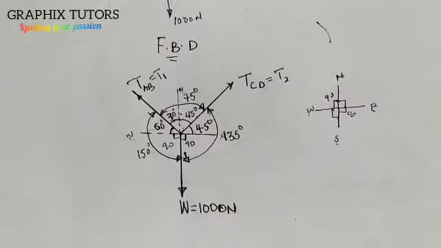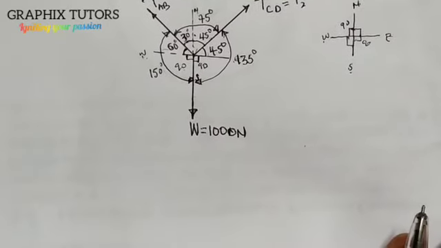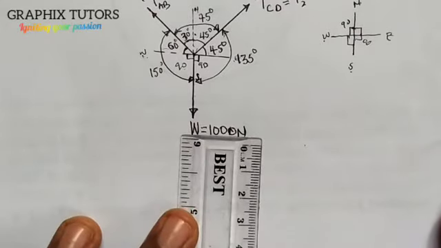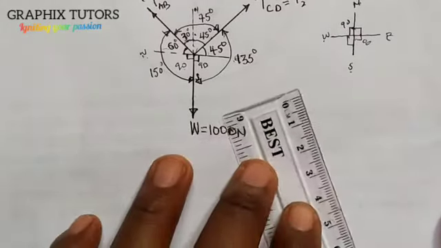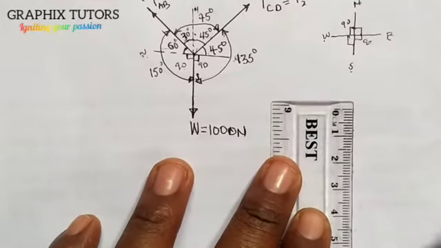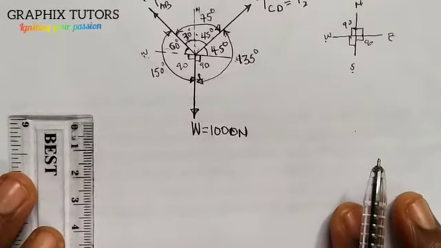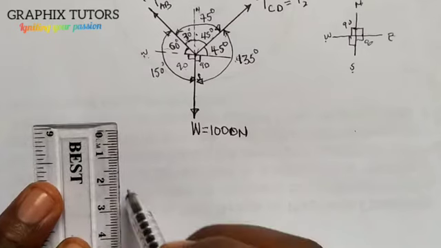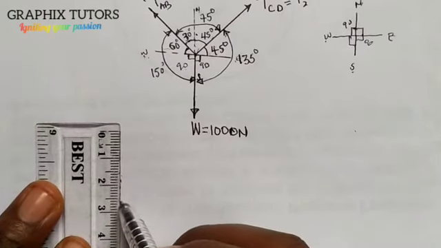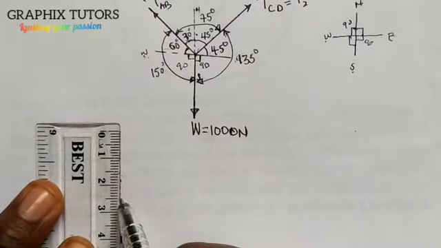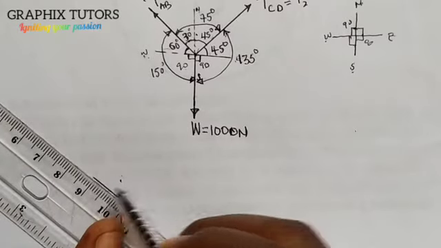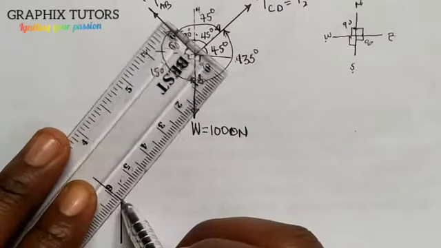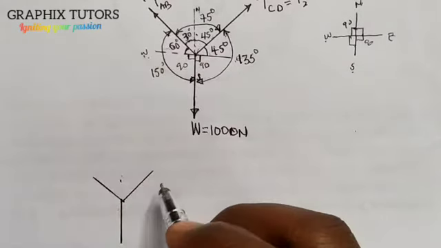So if I should redraw this again here, just to make you understand better, I'll have something like this, and like this, and like this, right?